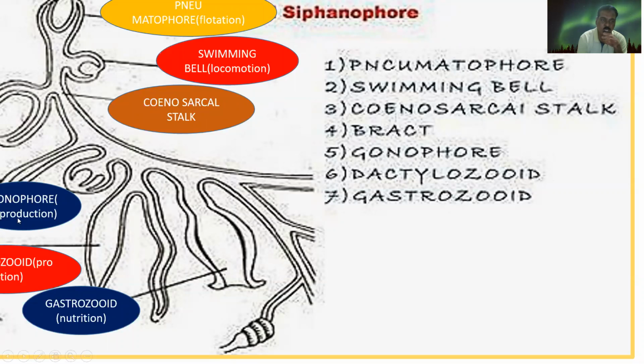Gonophore is meant for sexual reproduction, and the dactylozooids are meant for protection, whereas the gastrozooid is meant for feeding. Pneumatophore is for flotation, swimming bells locomotion, bract protection, gonophore sexual reproduction, dactylozooids protection. The gastrozooids are always meant for the feeding of the colony.